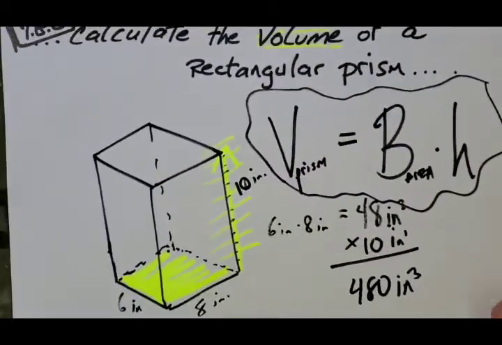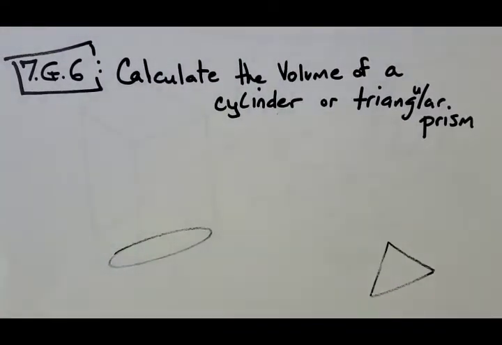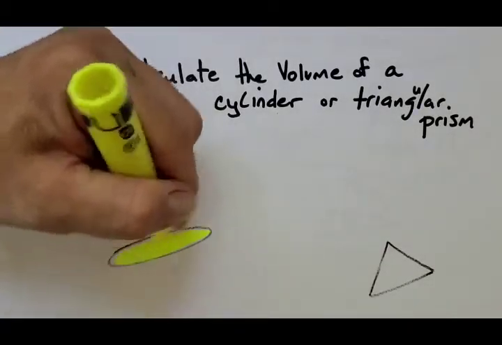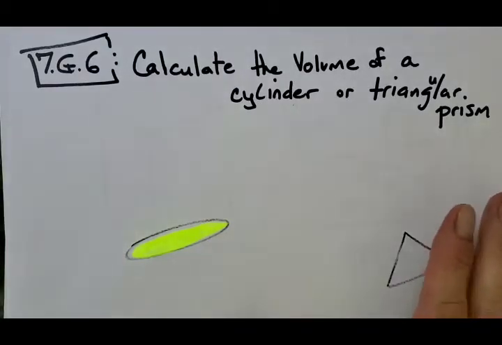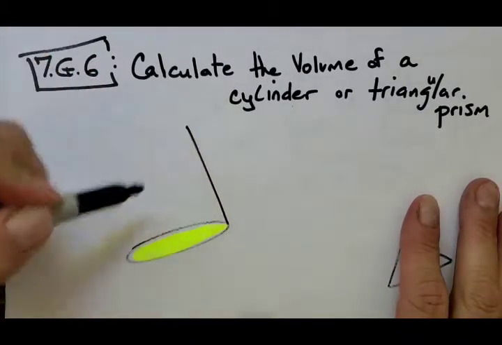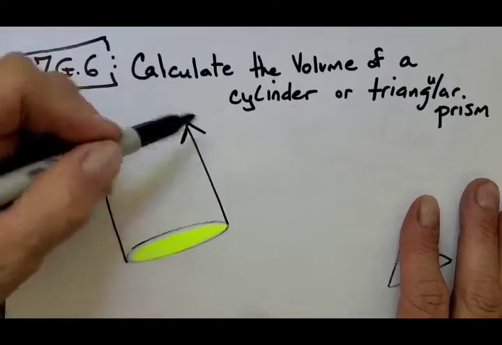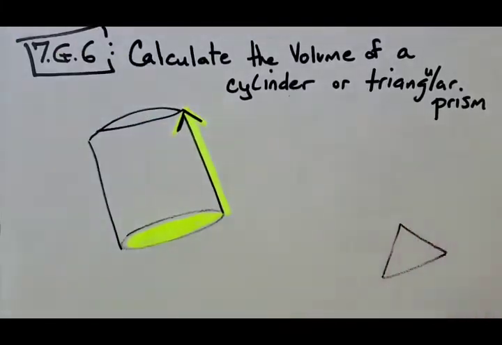Okay, so do not forget, a cylinder is a prism. It's a circle at the base, so we will be finding the area of the base, and then from there we're going to calculate volume based on how tall, how high, how many stacks, how many layers of that base there are.